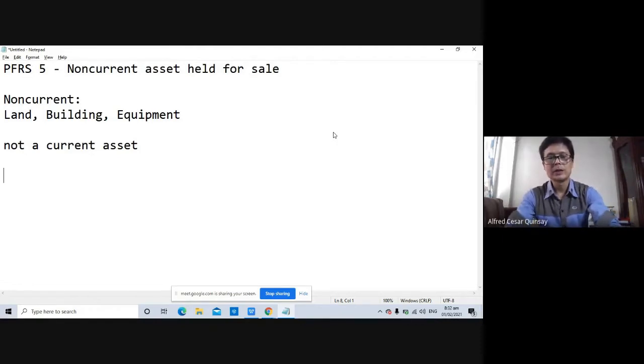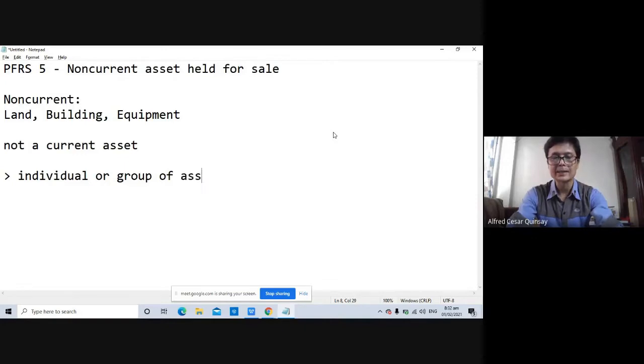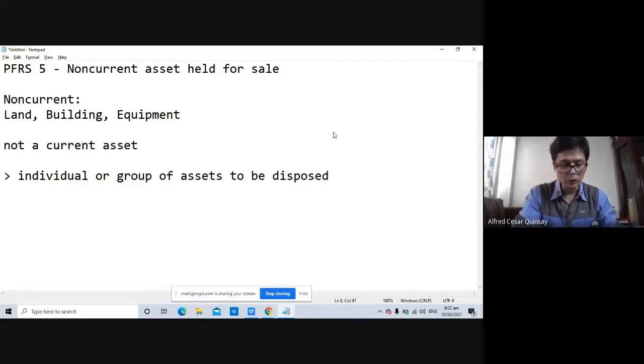The non-current asset may be an individual asset. So ibig sabihin, nag-iisang asset siya. Or a group of assets to be disposed of by sale or otherwise, together as a group in a single transaction.